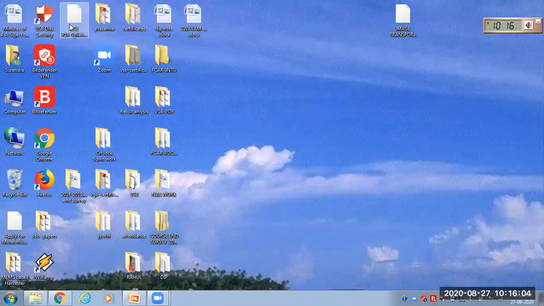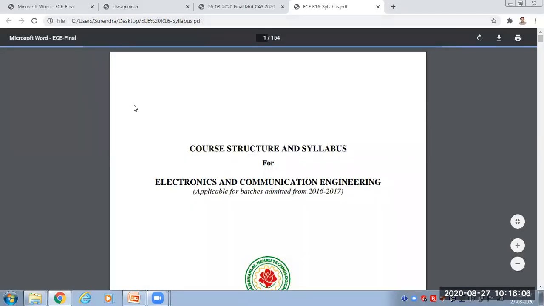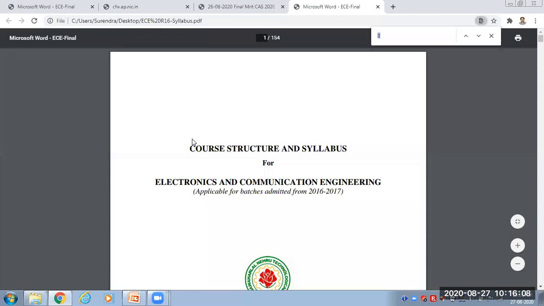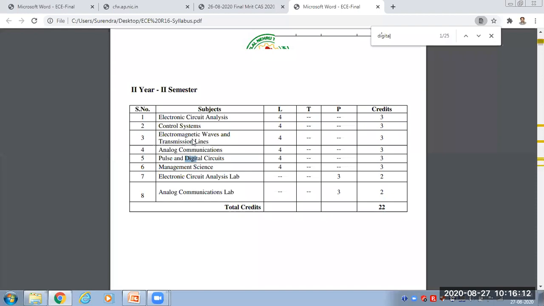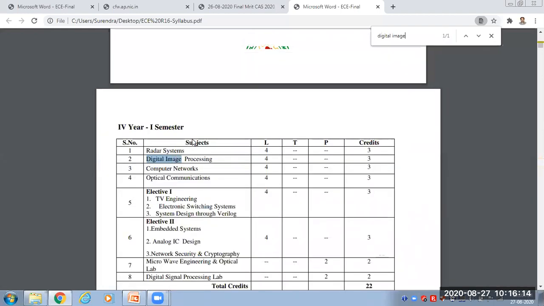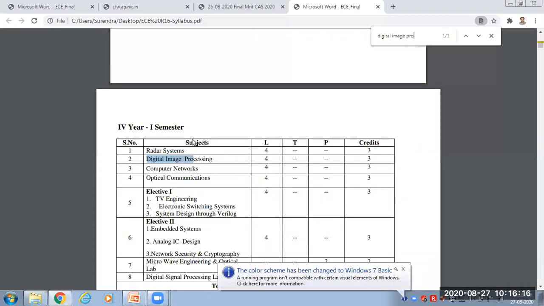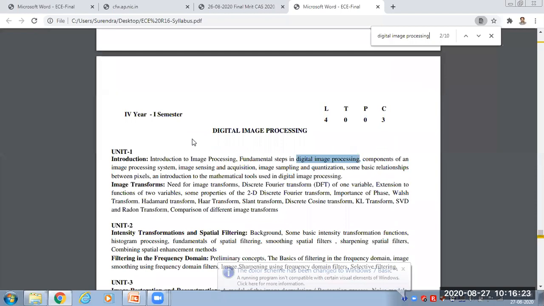So actually in our syllabus, see here. In our first unit, in the introduction part and image transforms.